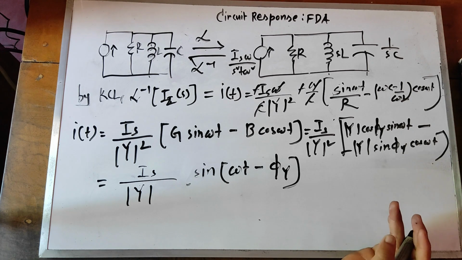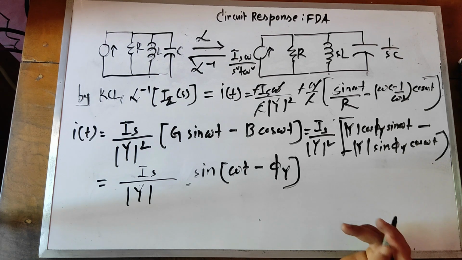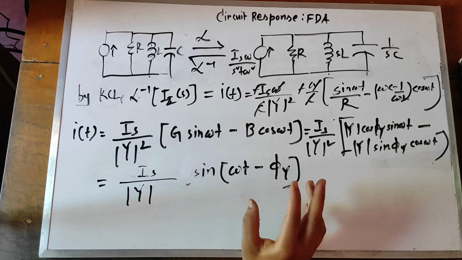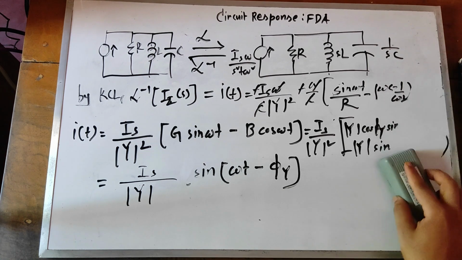It would have been time consuming and kind of a hassle, so I'm not dealing with that, because the steady state response is of more importance than that. So this is basically the expression for the parallel RLC circuit when the excitation is sinusoidal. I hope you understood my explanation.